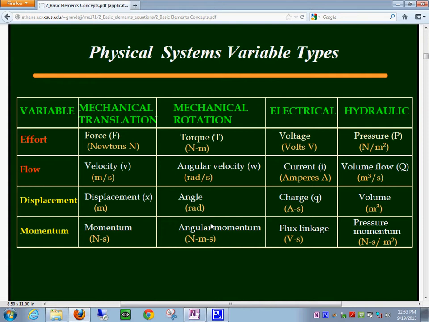But we go one step further here on this table to define the displacement and the momentum. Okay, so these four variables will correspond to each one of these. So instead of using 16, the notation that ultimately we use for computer simulations would be these four variables. Any questions about this?